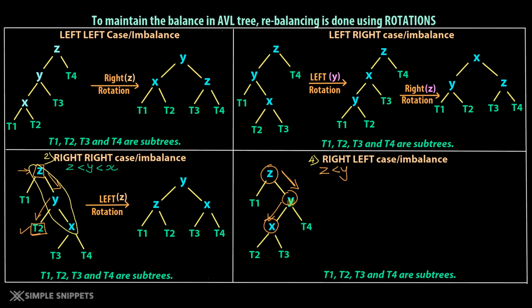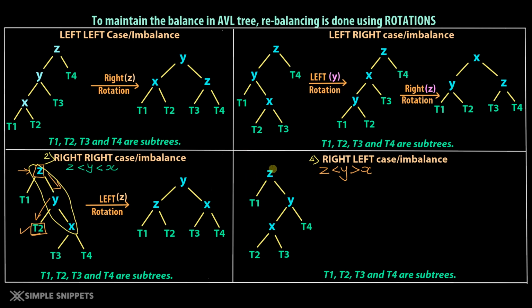But X is towards the left of Y. So that means Y is greater than X, correct? Because X is towards the left of Y, it means that X is smaller than Y. You can put it anyways, but that relation is going to be there because ultimately this is a binary search tree and it has to follow that principle where for every node, the left child is smaller, the right child is greater, correct?